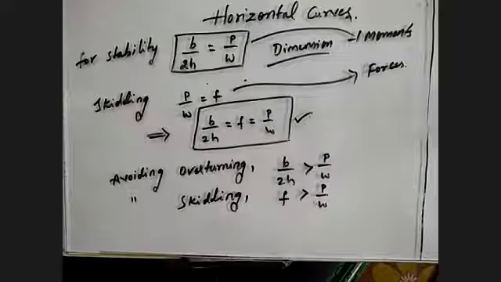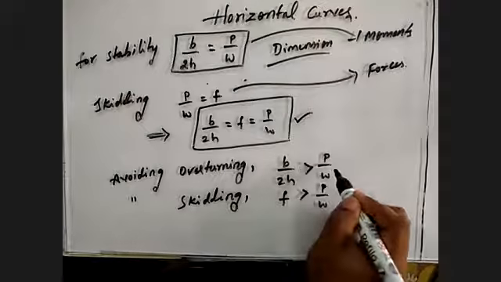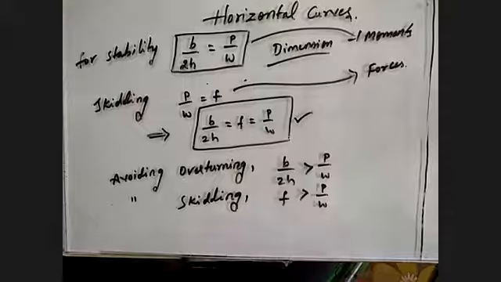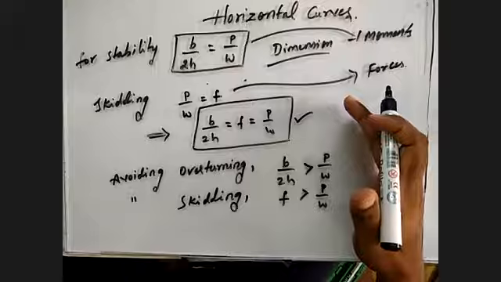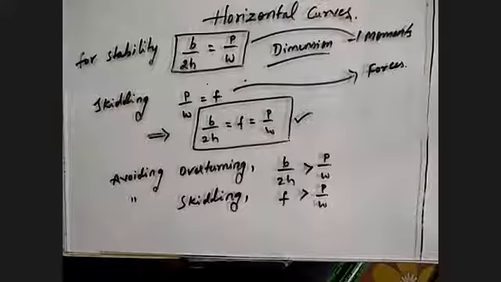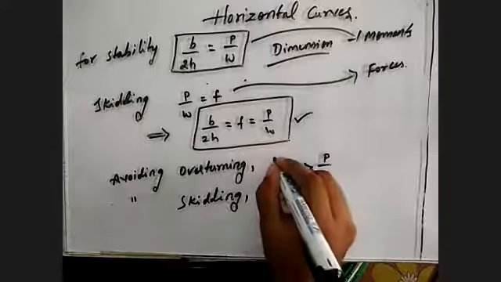But now comes the picture. From the safety point of view, the base to height ratio should be greater than the centrifugal force. Similarly, our friction should be greater than P by W. Now, what about the relation between these two?